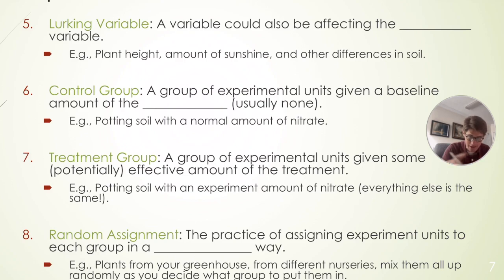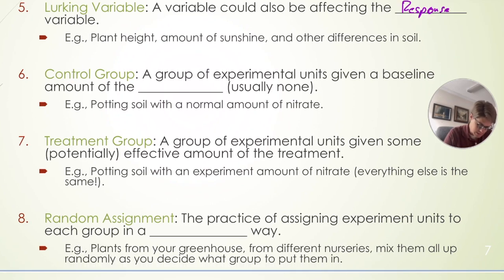They need to be evened out between the control group and the treatment group, which is what we're talking about next. The control group is a group of experimental units given a baseline amount of the treatment, which is usually none. But soil will generally have a normal amount of nitrate in it.